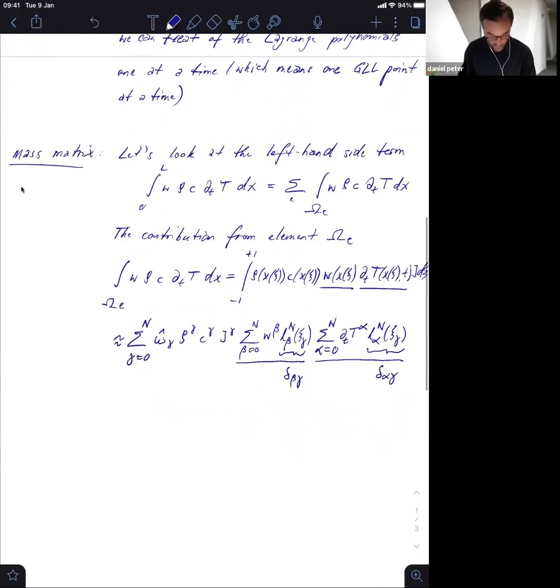So this simplifies now quite a bit. So this sum over the gamma GLL points, we still have that one. Now this sum over beta, what does happen to that one?